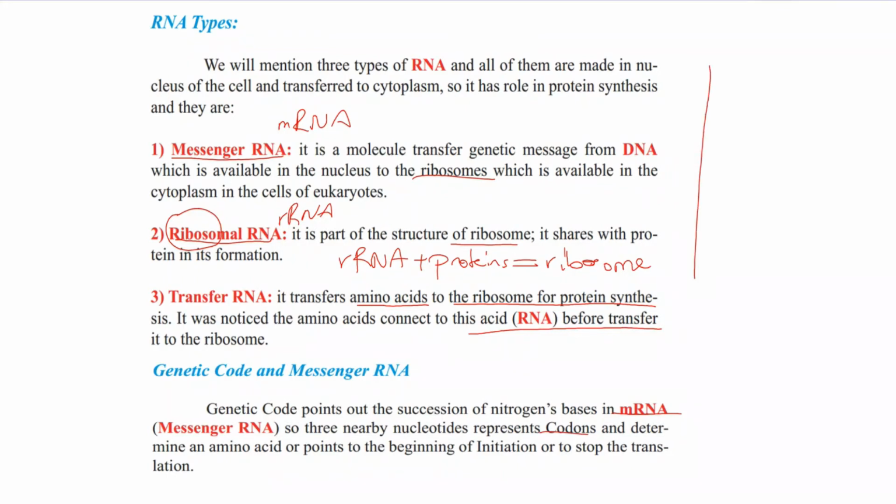You remember when we showed the nucleotides of DNA, we put them in groups of three. That's why in messenger RNA, each of these three nucleotides we call a codon. Each nucleotide is like one letter, but each group of three, a codon, is like a word.